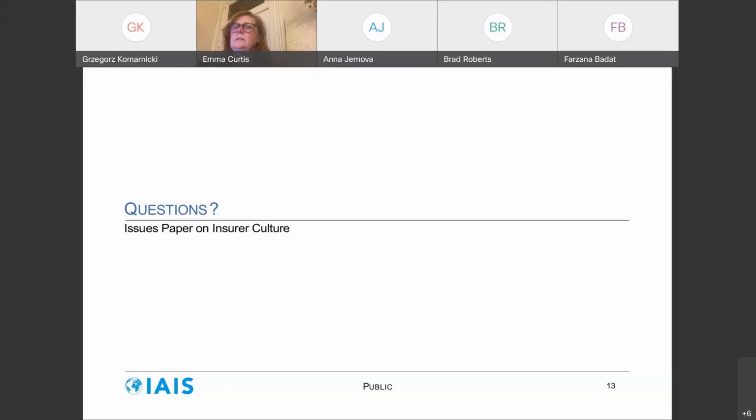So Emma, if I can add to that, because I think it links to the earlier question: Bernie also asked whether we have empirical evidence around the link between culture and specific consumer outcomes.